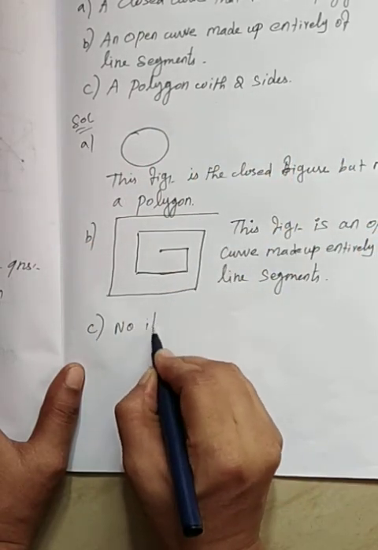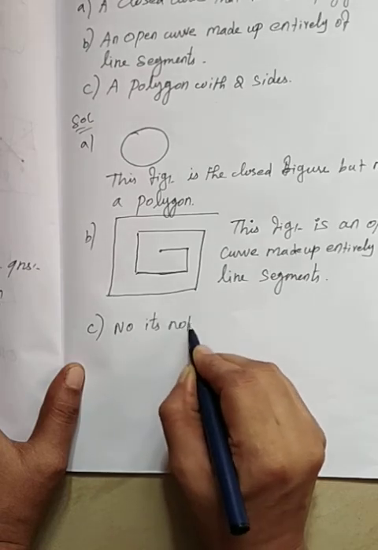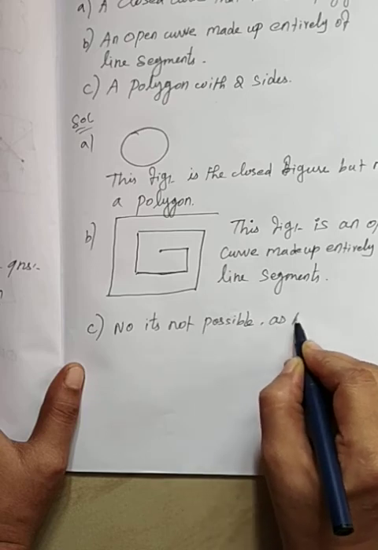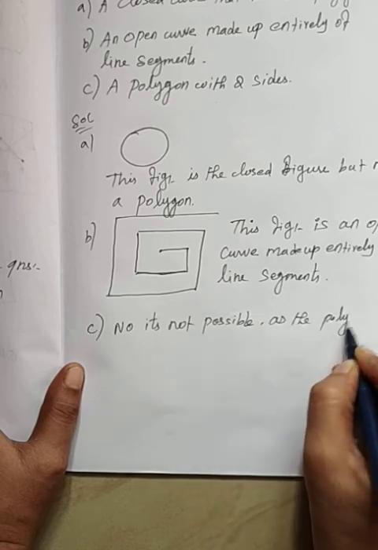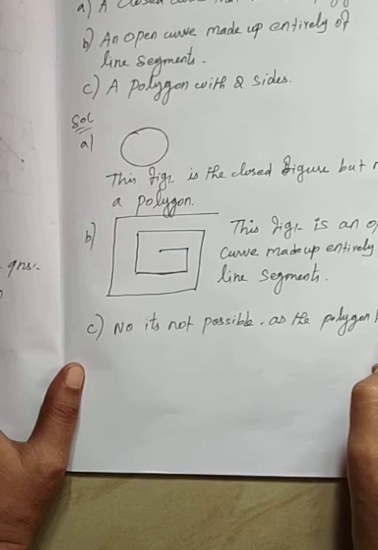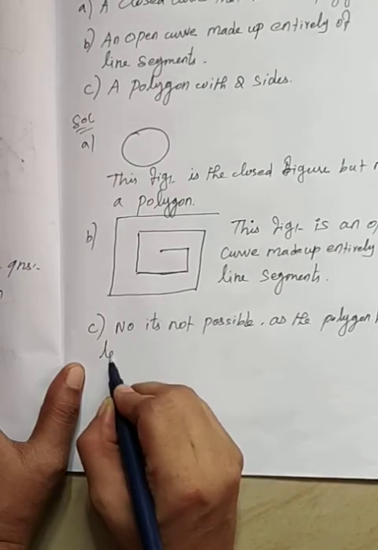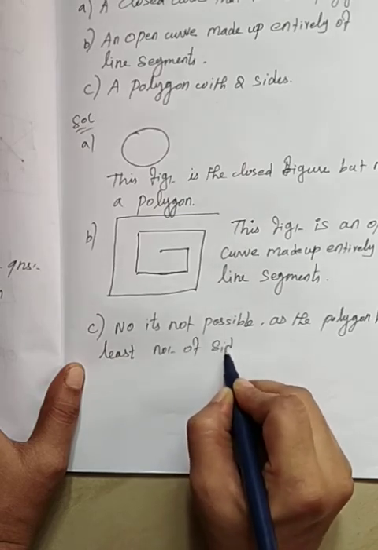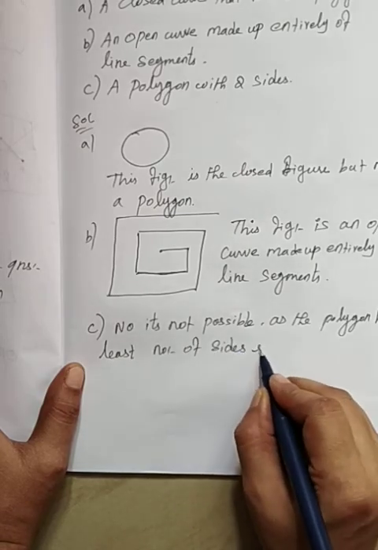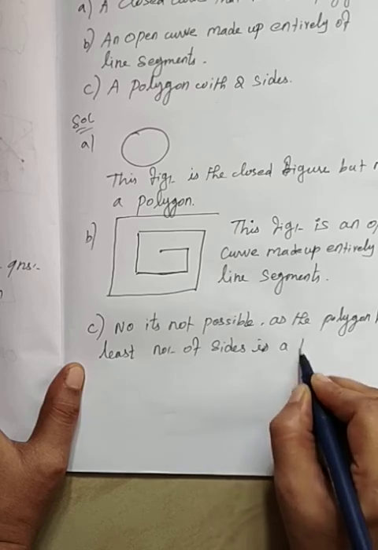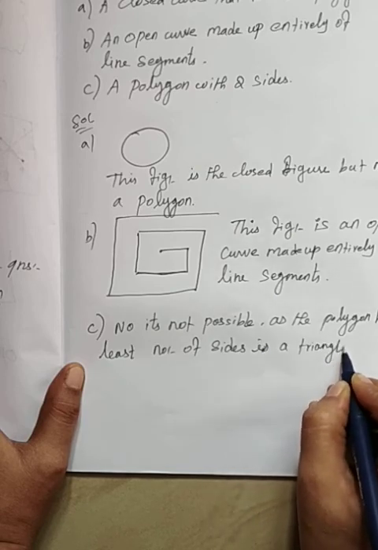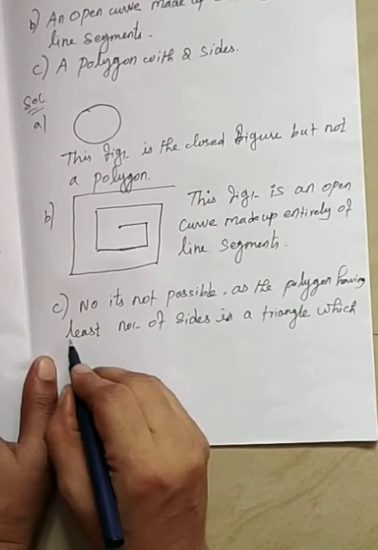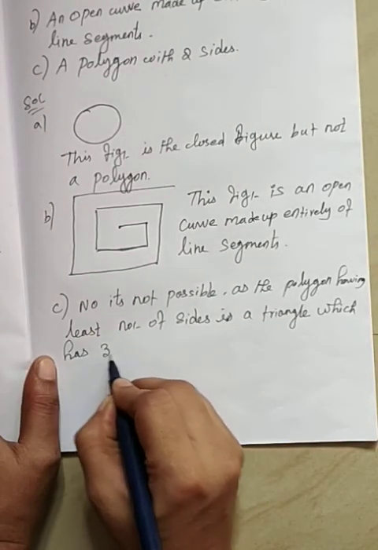No, it's not possible, as the polygon having the least number of sides is a triangle which has 3 sides.